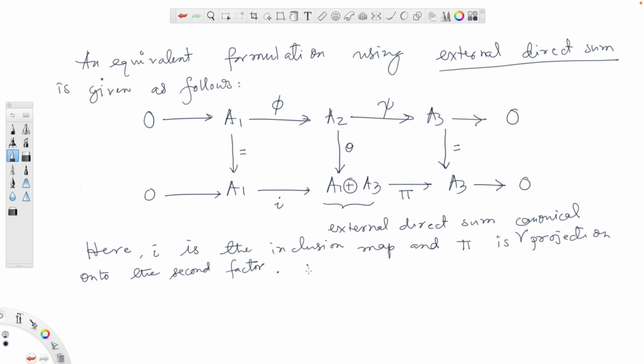So how do we define this map theta? The map theta from A2 to the external direct sum of A1 and A3 is defined as follows.